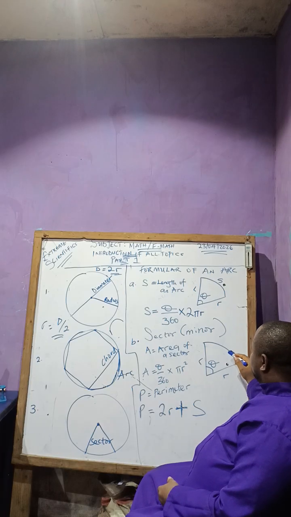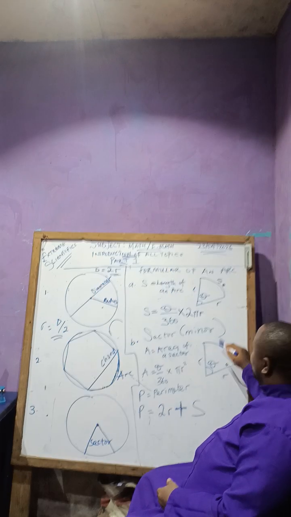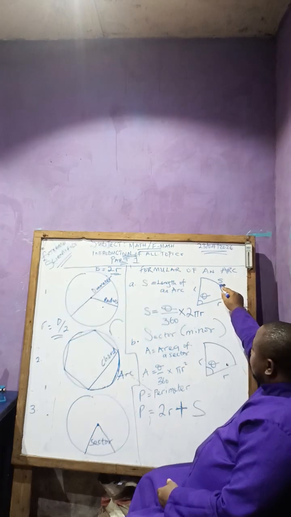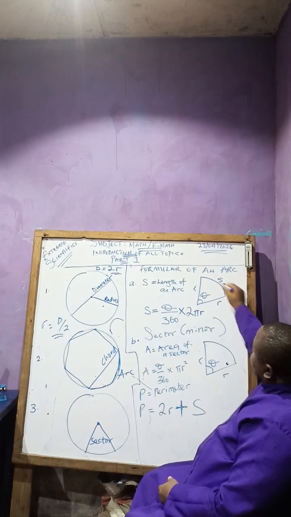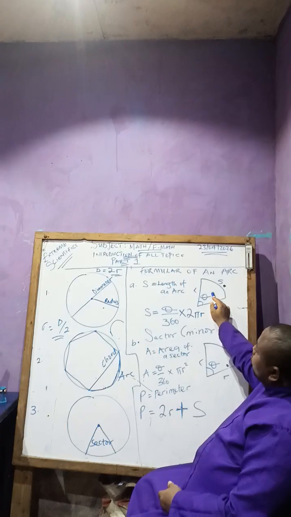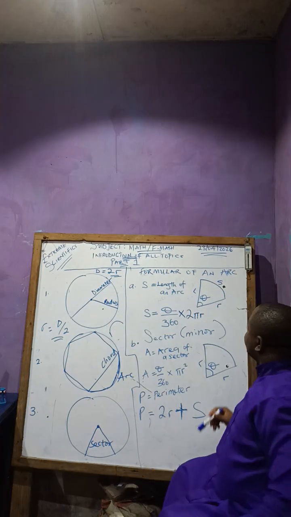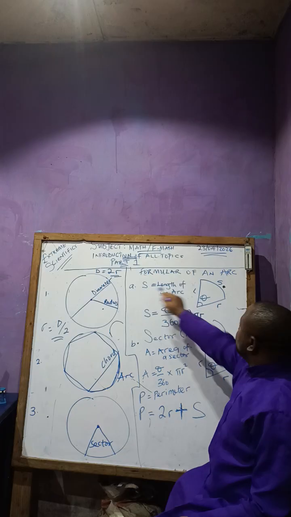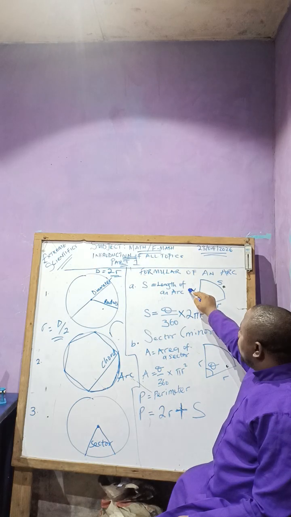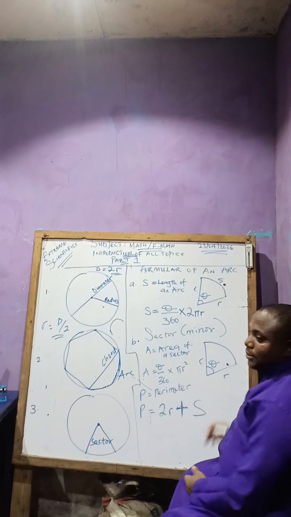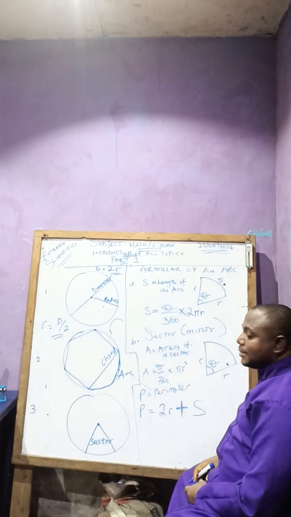This is the area of the sector. But the way we draw out an arc, this line is the length of an arc. Look at it very well. S is equal to what? The length of an arc, from here to this place. That's the S, the length.